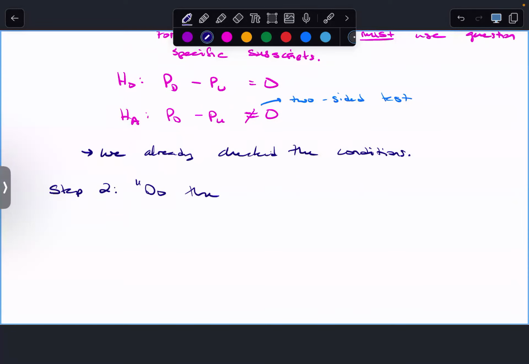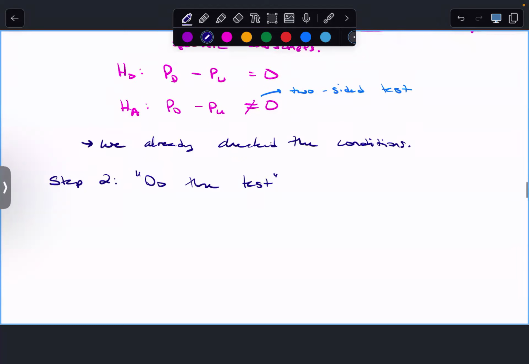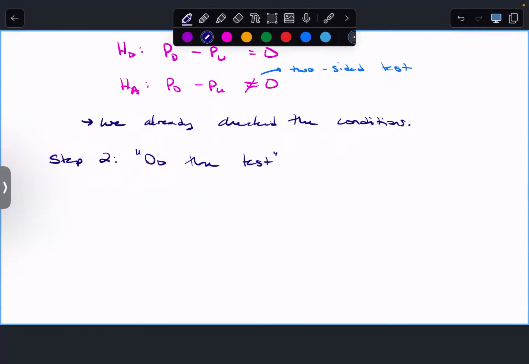Do the test. Calculate the test statistic. Doesn't have that same ring to it. The test statistic from your formula sheet is a Z. And what we said was, once I have a Z, then I know what to do with it, right? I know how to find areas in the tail, which are my p-values.